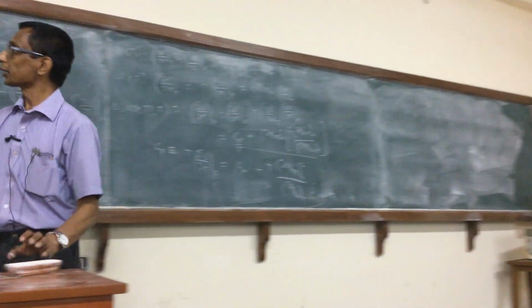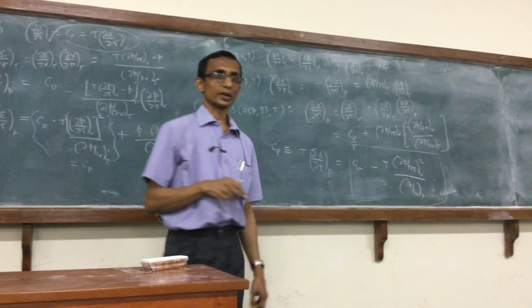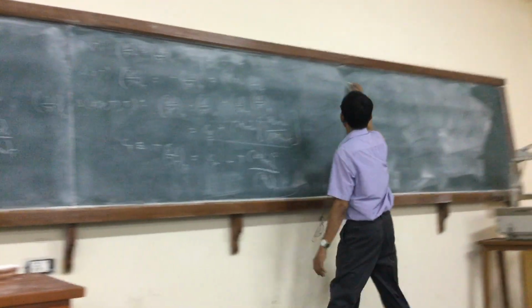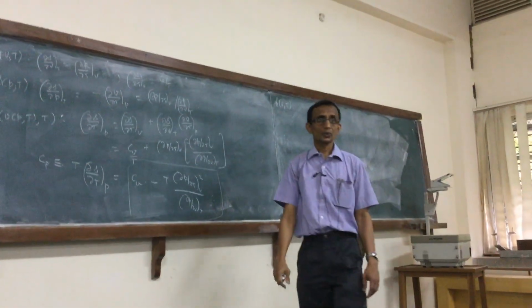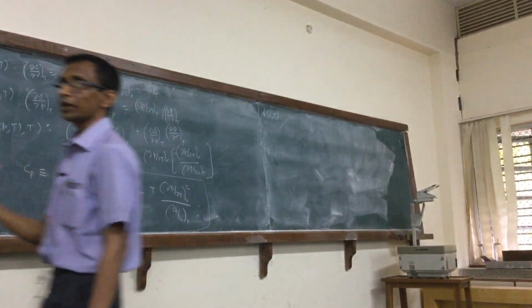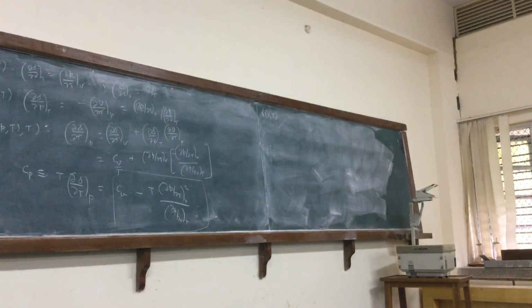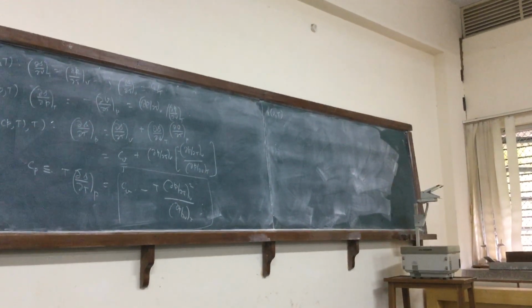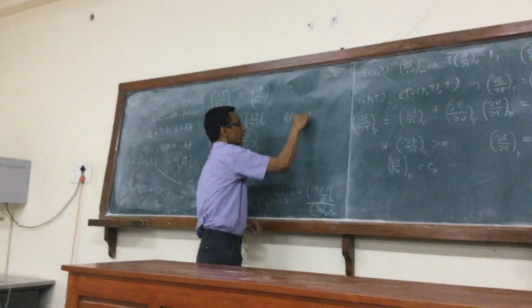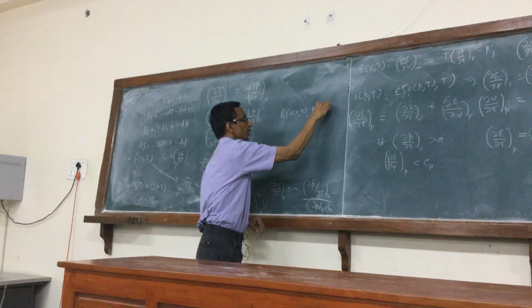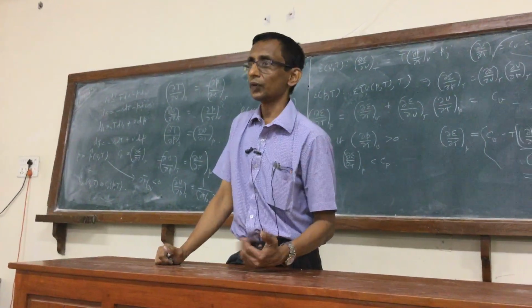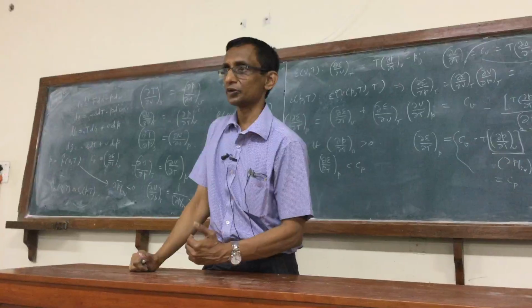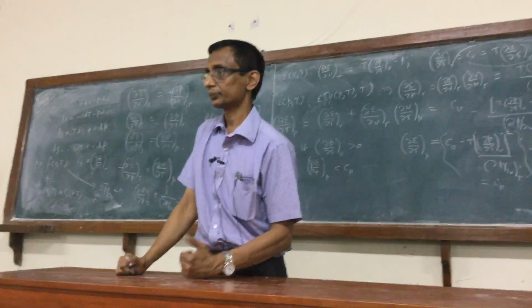Now we take the other quantity, enthalpy. Right? So H again, consider in terms of V and T. Now H is naturally a function of S and P. I can express S and P as functions of V and T, so I want H as a function of V and T. Right?